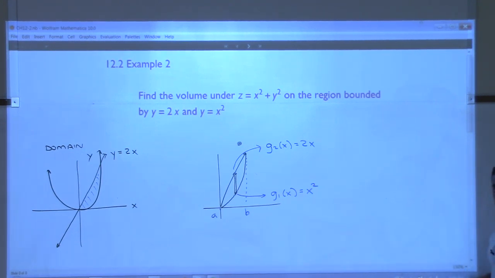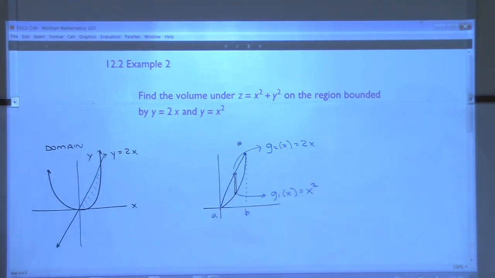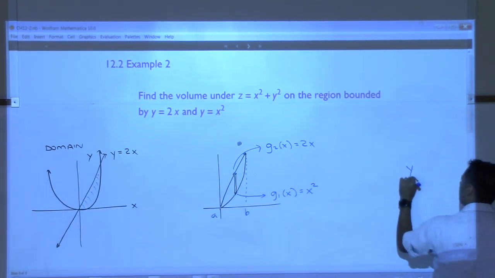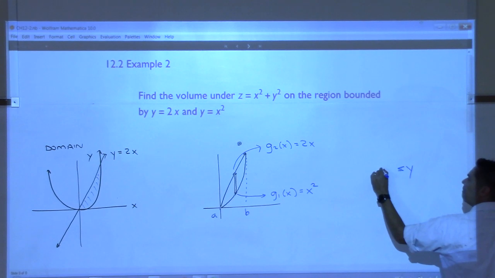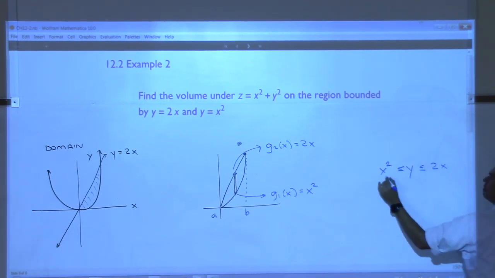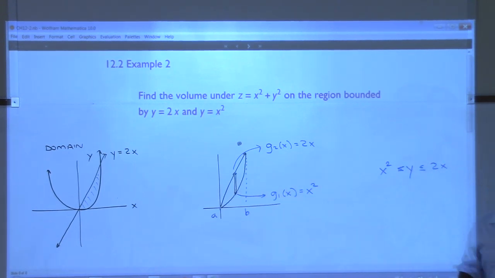So we should be able to start setting up the integral. What's the one thing we still haven't determined that we'll need to figure out? We know our bounds on y, right? Our y bounds are between x squared and 2x, right? Our y's are always between those two. But what still have we not resolved?